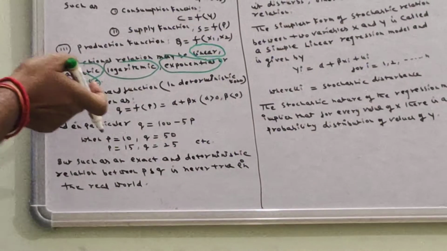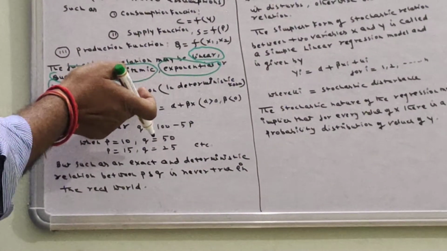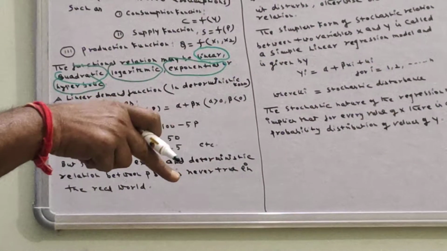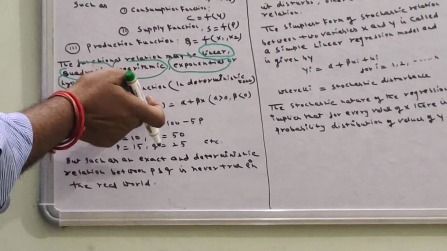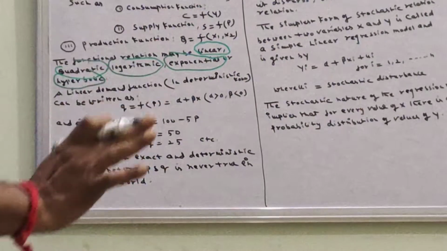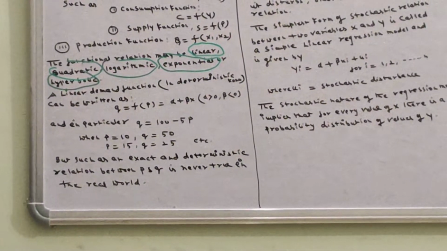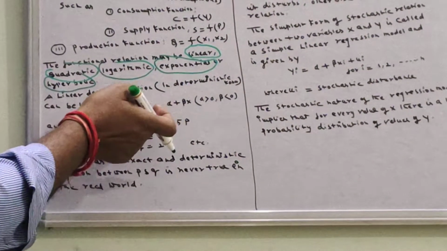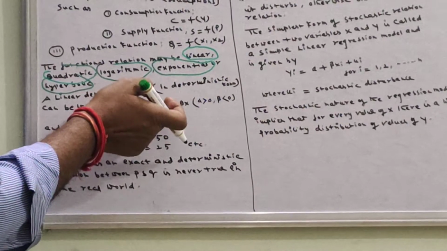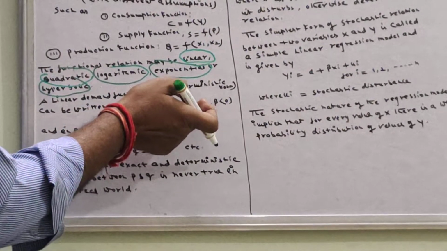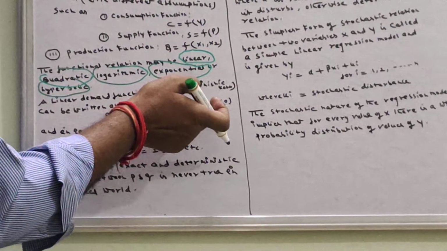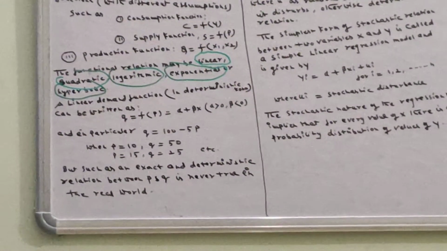Now a linear demand function in deterministic form can be written as Q equal to function of P, an equation of the form alpha plus beta X, where alpha is greater than 0 and beta is less than 0.